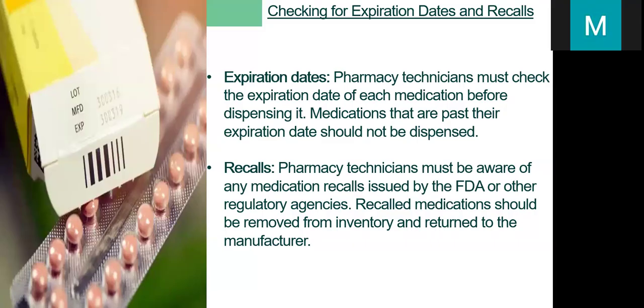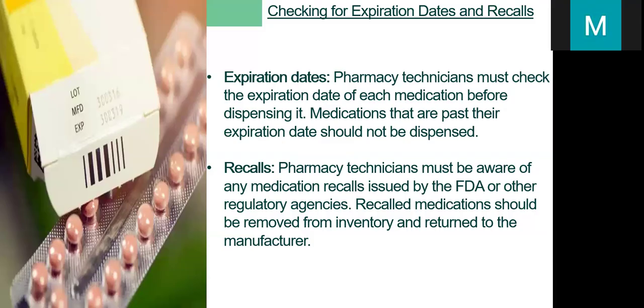So if you are aware of any recall in the market, it could be due to contamination, like I said. It could be due to incorrect labeling. It could be as a result of the discovery of adverse effects, feedback from people that was not known when that particular medication was approved. So those are the things for which it will be recalled.